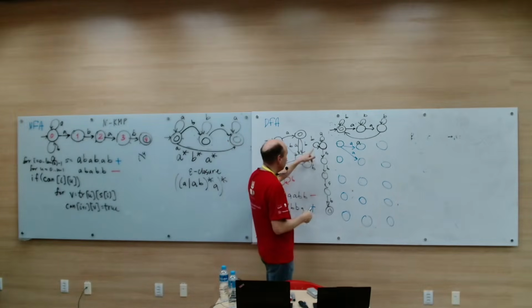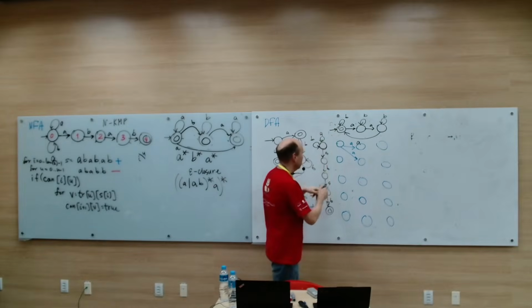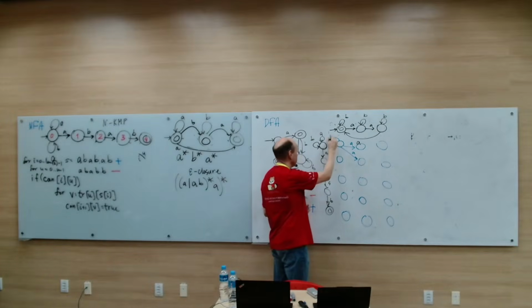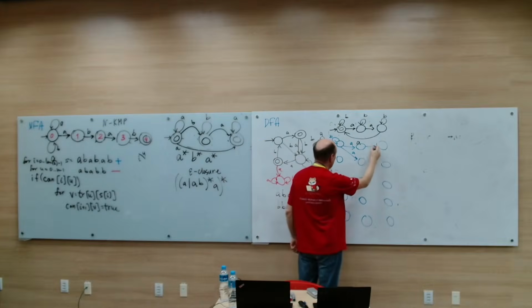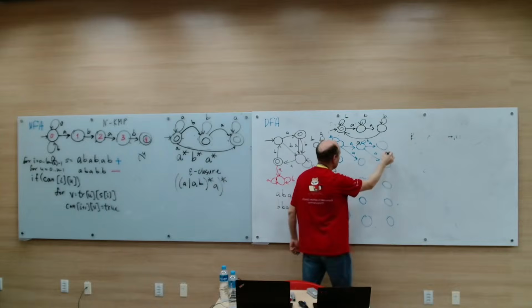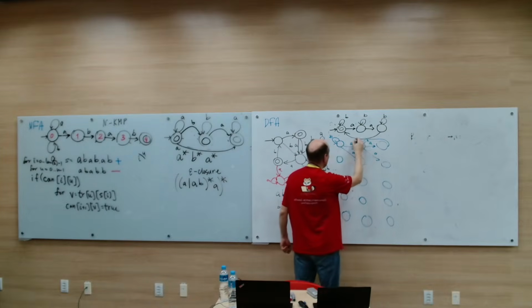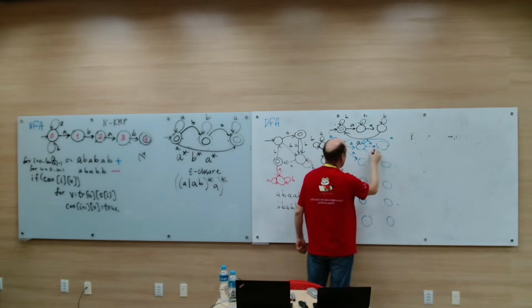For B, here we always stay, and here we always stay. So here we also always stay. And so on. So here again, A, B. Here again, A for A, and so on.